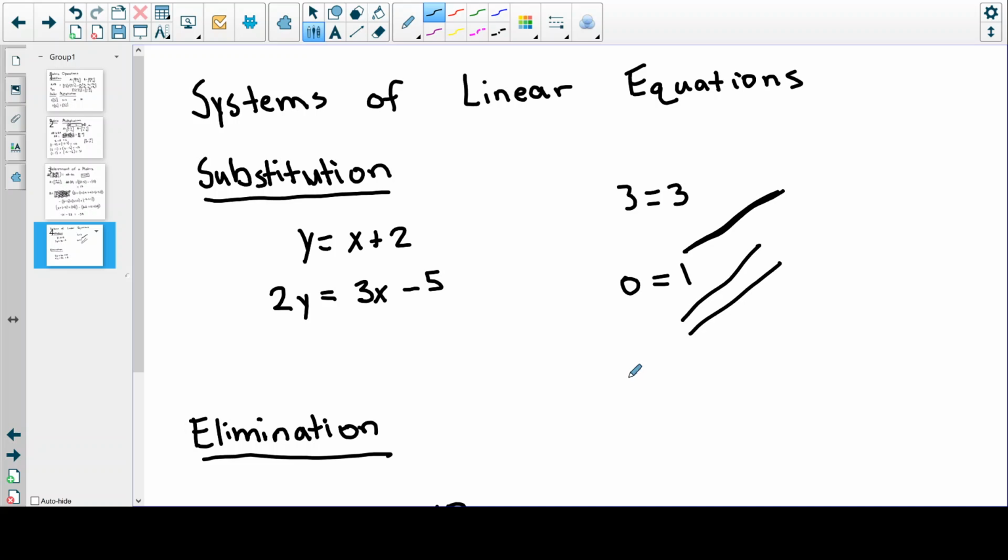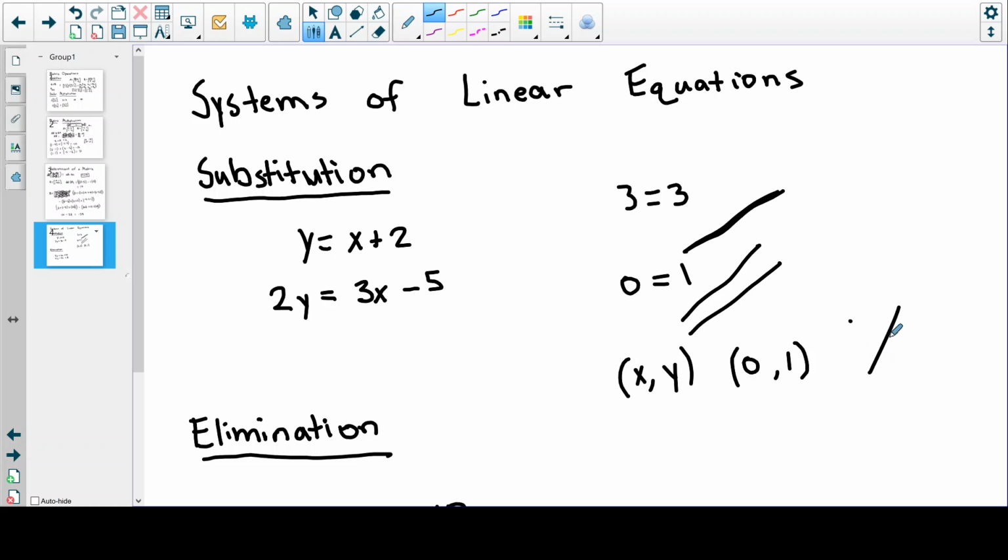And the last one is getting one solution, which is going to be a coordinate point in the form (x, y), like (0, 1). That indicates that your system of linear equations is going to intersect at this point.